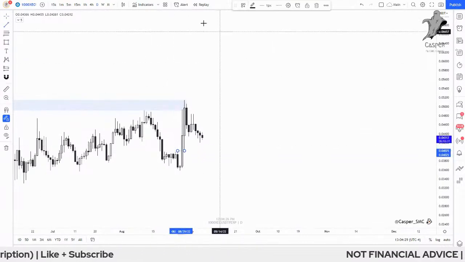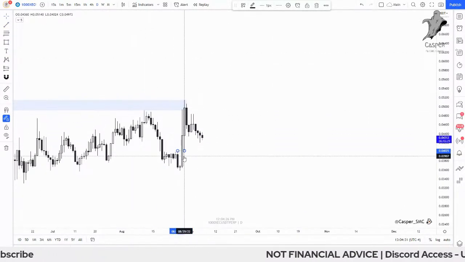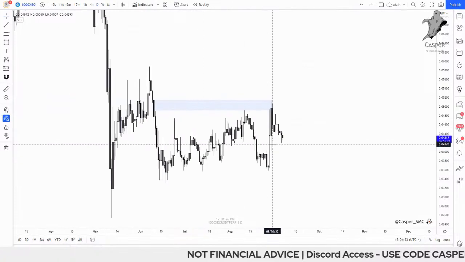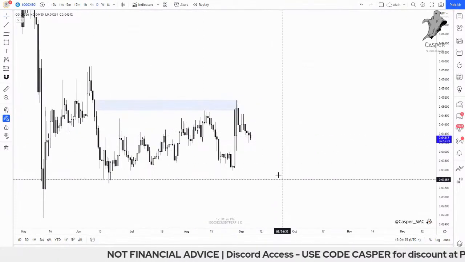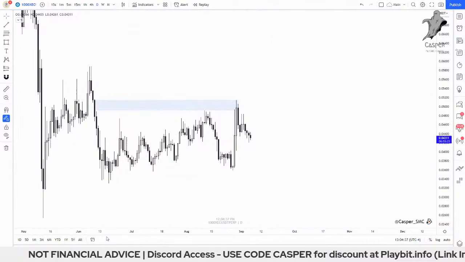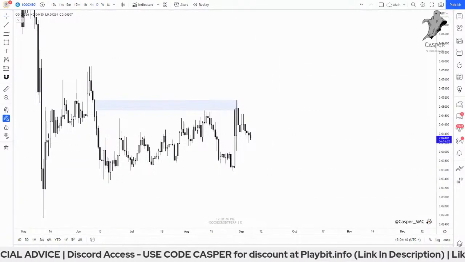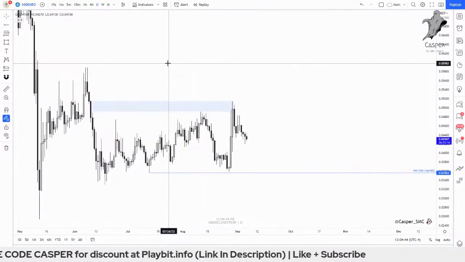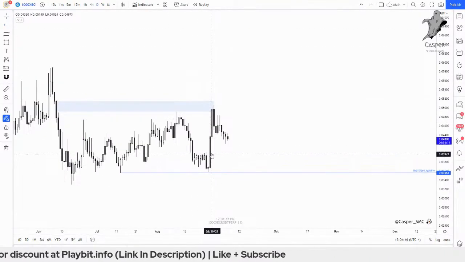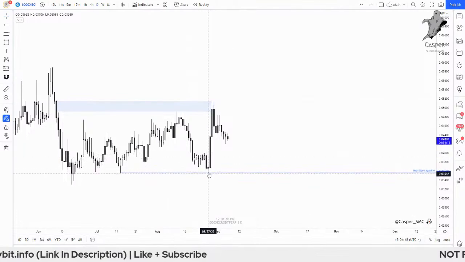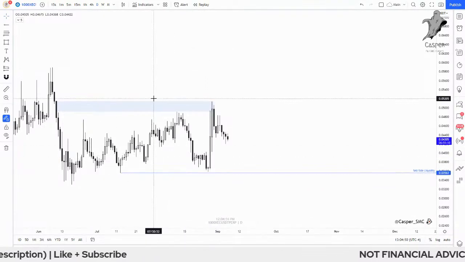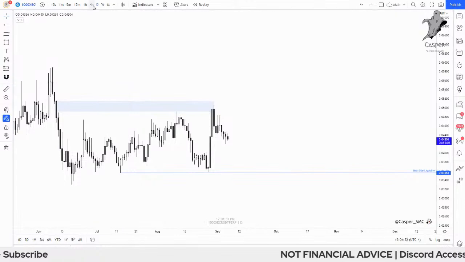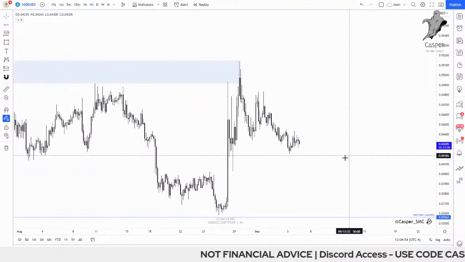Like that wick was after the... Yeah, it was. I mean, this doesn't look great to me. This is just one of those things where I wouldn't even really spend time looking at it, personally, just because it doesn't really have a clear intention. To me, there's an imbalance here, and there's going to be equal lows right below it. This is one of those I would just sit out on.